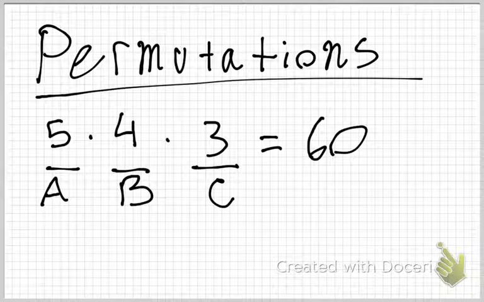The reason that I multiplied these three numbers together is because, let's think about it for a second. For seat A, I have 5 choices to choose from. 5 options for who sits in seat A.